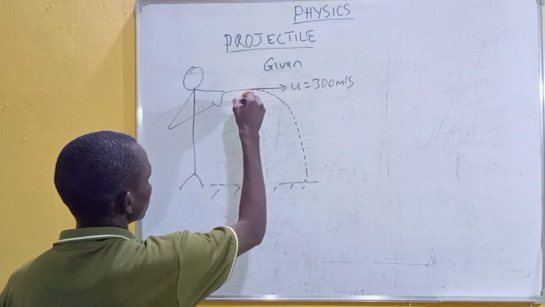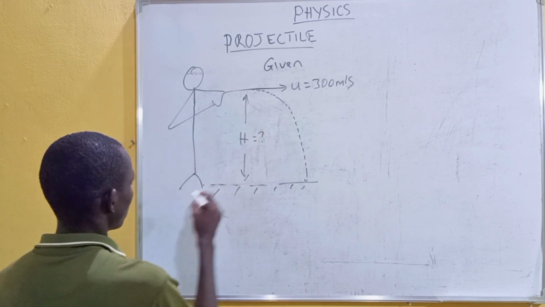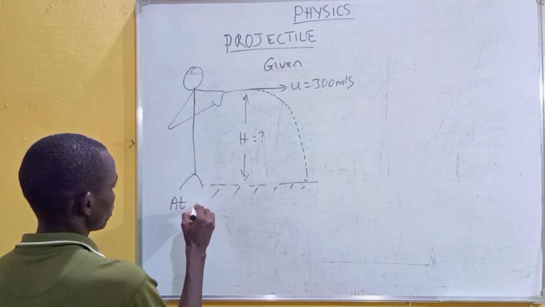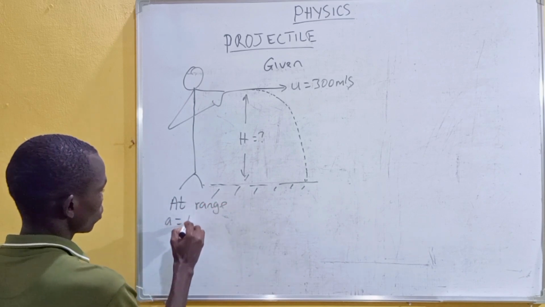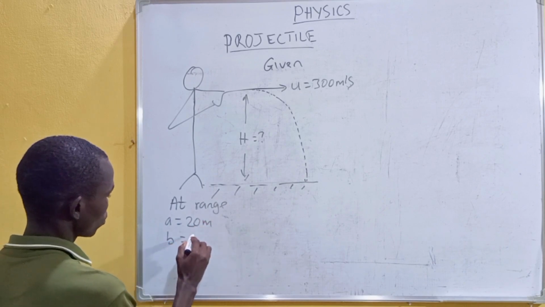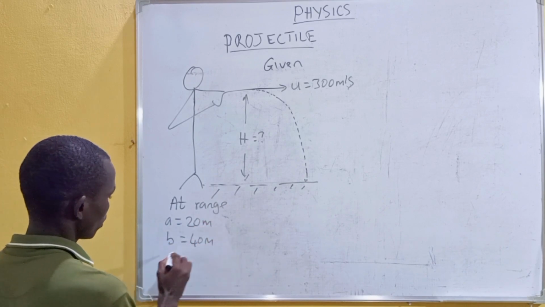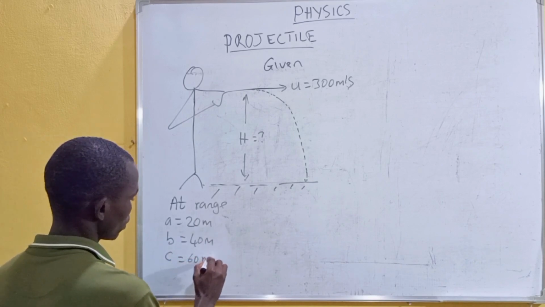We are asked to calculate the height at a range A equals 20 meters, B equals 40 meters, and C equals 60 meters.